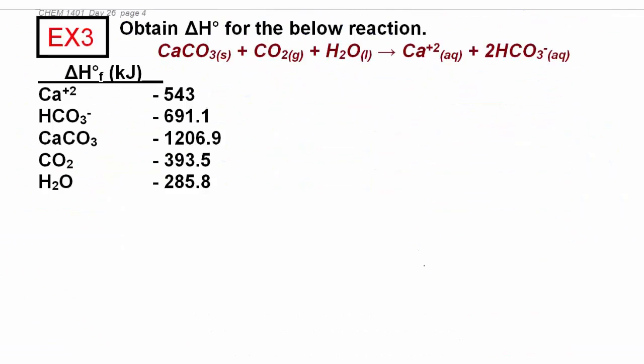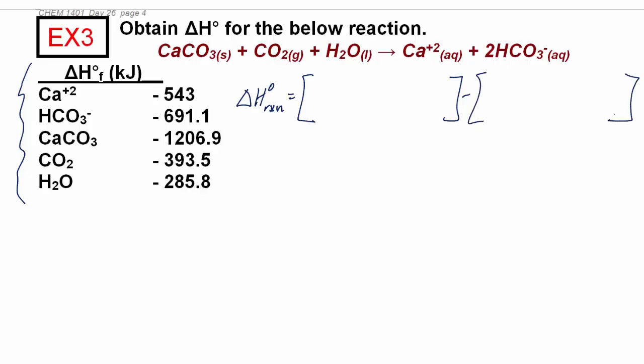Obtain the standard enthalpy for the below reaction. And they gave us all of the standard enthalpies of formation for everything that we need. So great, let's just find the standard enthalpy of the reaction by taking our products minus the standard enthalpy of formation of our reactants. We have calcium, a negative 543, and 2 moles of bicarbonate, 2 times a negative 691.1.